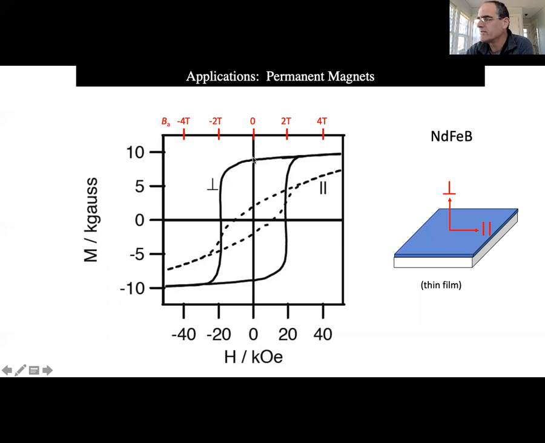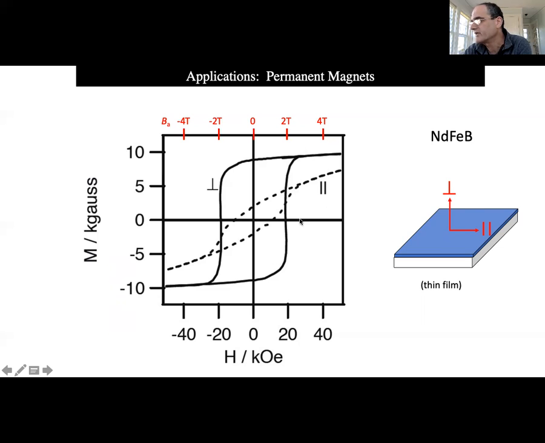When the field is removed, the material remains magnetized with a magnetization that's equivalent to a magnetic field at the surface of almost 1 Tesla. So now I have a 1 Tesla or almost 1 Tesla magnet that I can carry around. It's a permanent magnet.